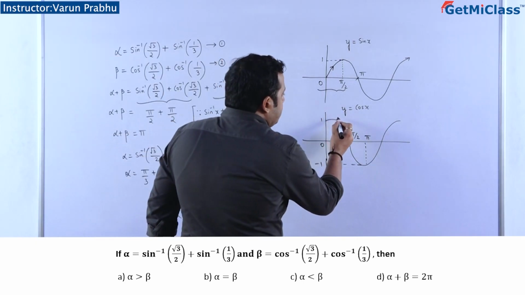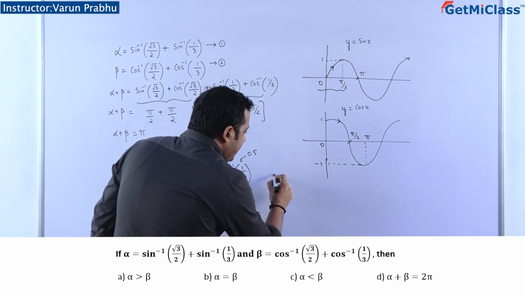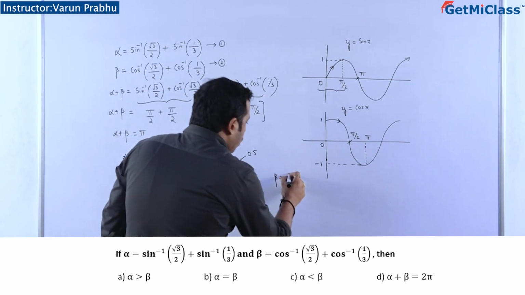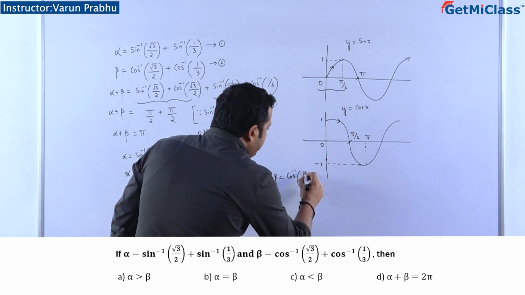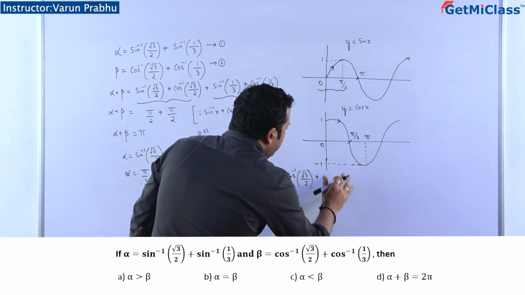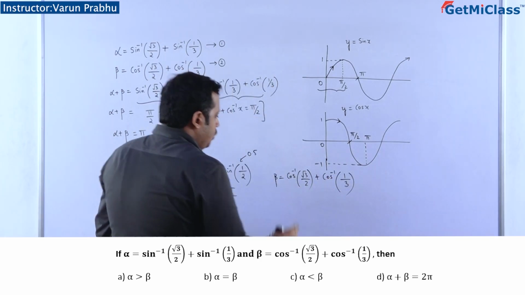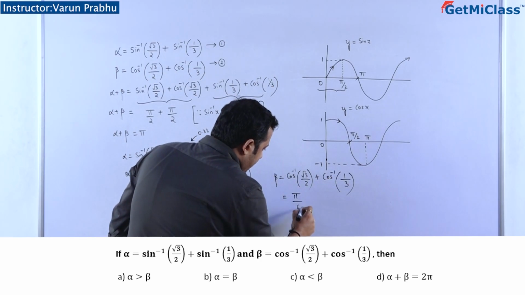But cos x from 0 to pi by 2 is a decreasing function, right? Beta is equal to cos inverse of root 3 divided by 2 plus cos inverse of 1 divided by 3. So I can say this is nothing but pi divided by 6.